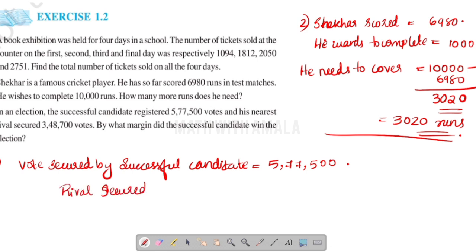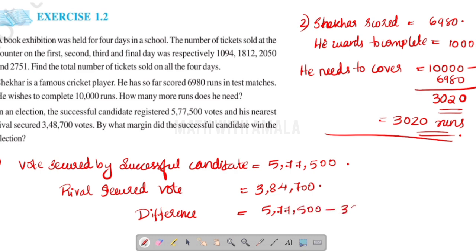So we need to find the margin. Margin means what? The difference. During the final procedure of election vote counting, you would have seen in the media that the candidates were scoring higher sometimes, lower sometimes. Their vote counting was decreasing and increasing. That means only the majority people, the people who have crossed the margin, have won.